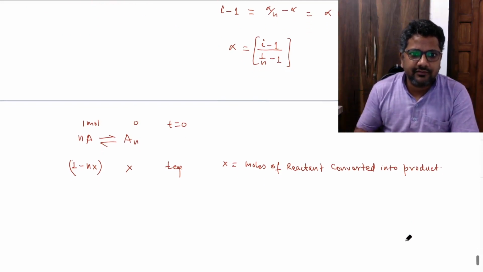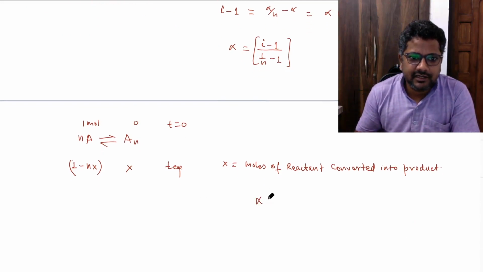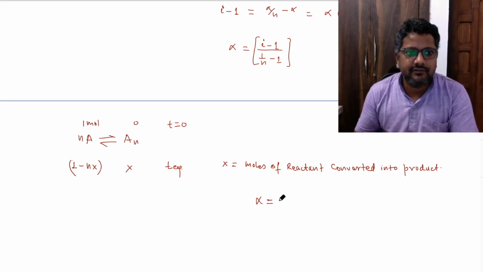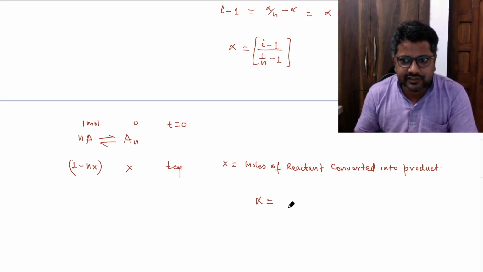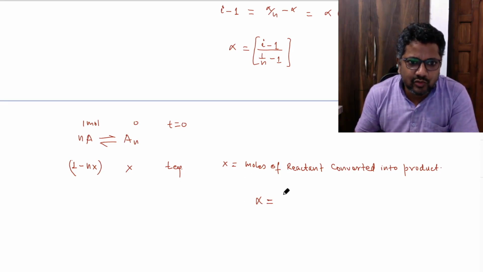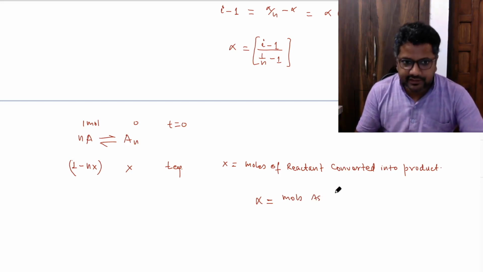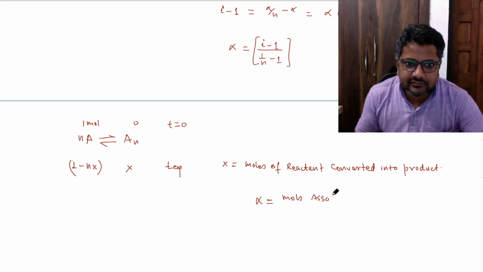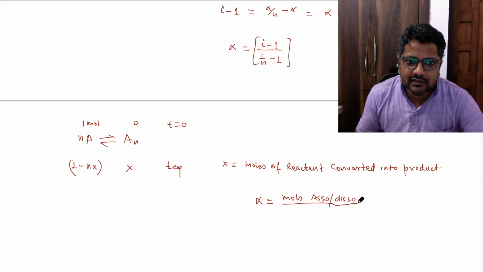What is the definition of alpha? Alpha is the degree of dissociation or degree of association. Here it is degree of association. So alpha is equal to moles associated or dissociated, divided by initial moles taken.